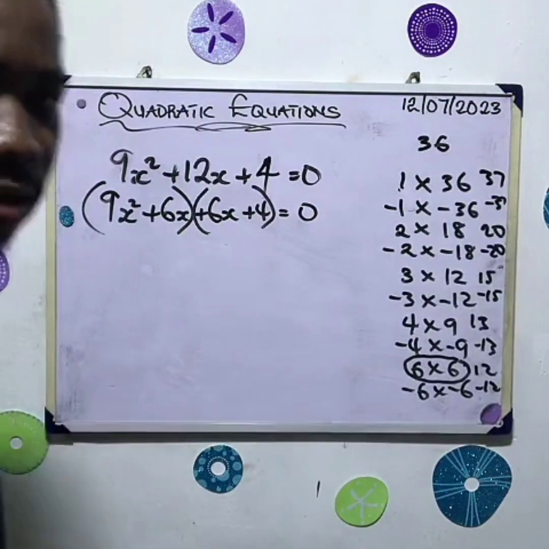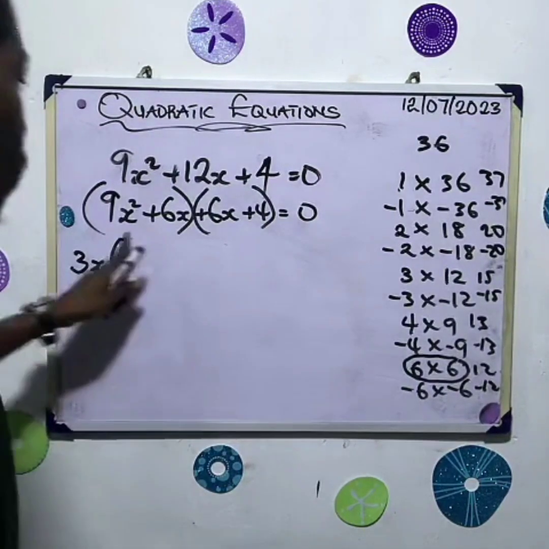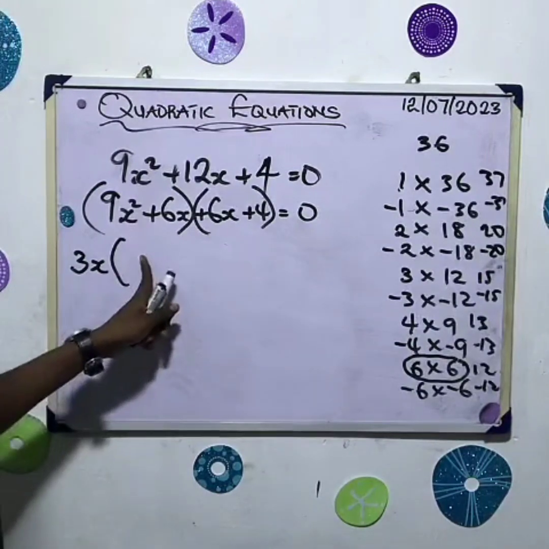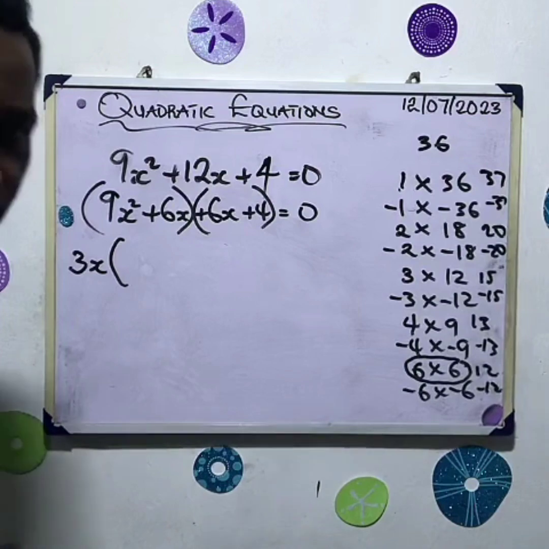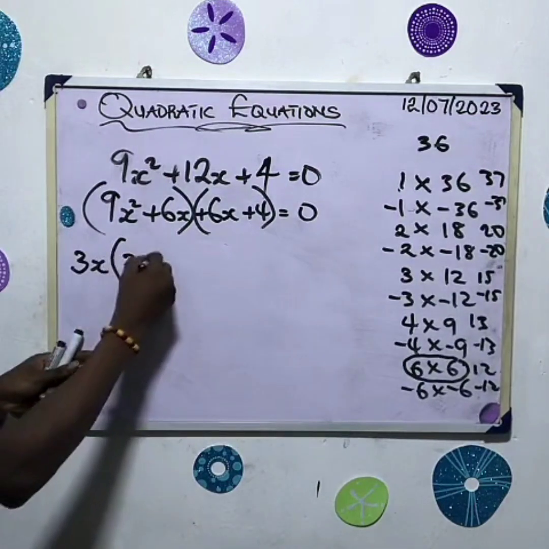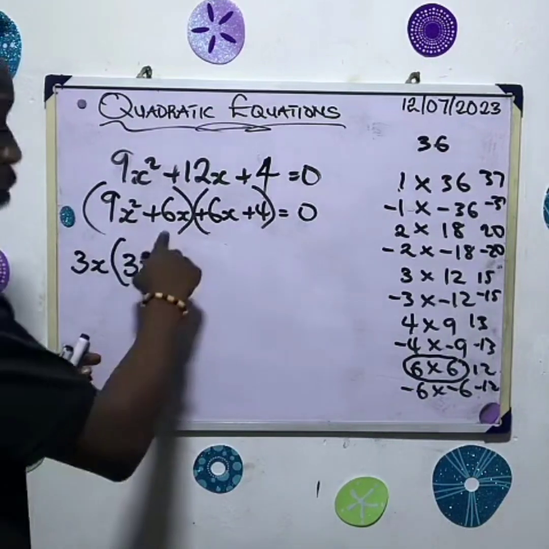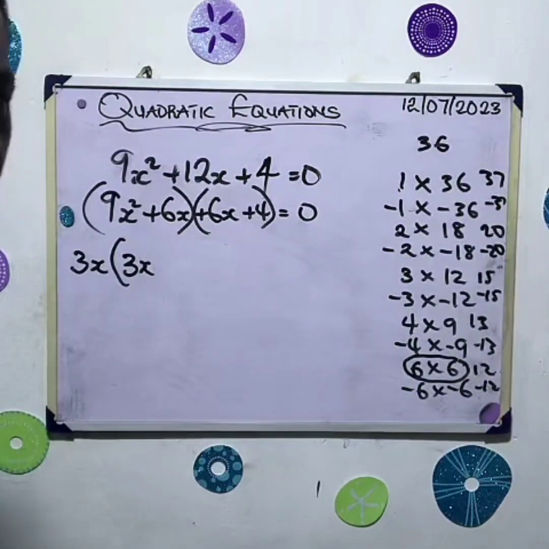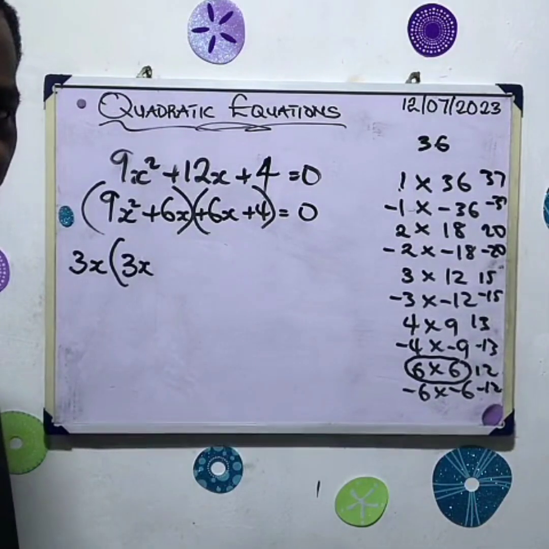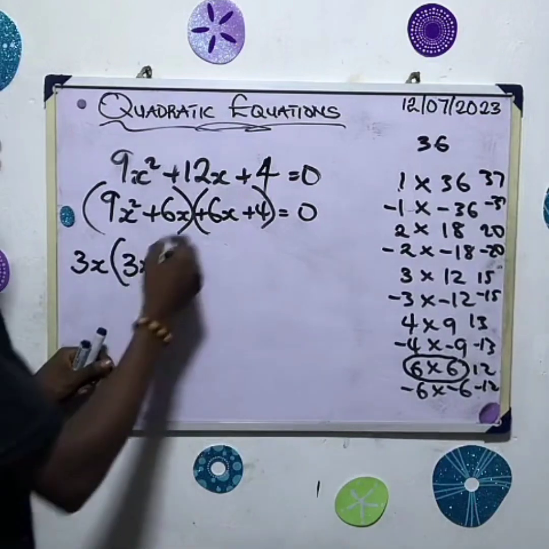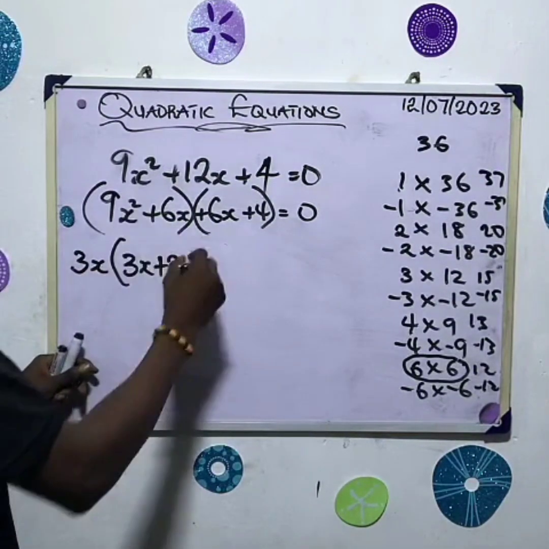Good. So 3x times what will give us 9x squared? 3x times 3x, because 3 times 3 is 9, x times x is x squared. Alright, so 3x times what will give us plus 6x? 2. Hello, Shema. So that's plus 2.